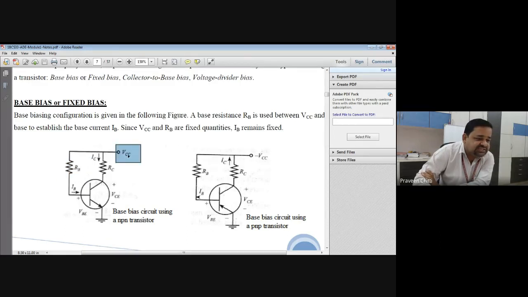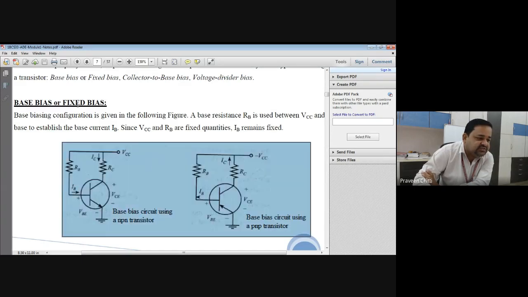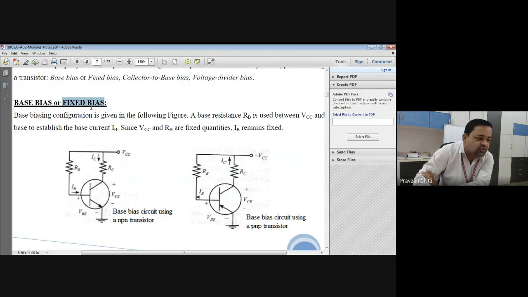Since we select the VCC and RB values depending on what value of IB is required, once you connect a fixed value of VCC and a fixed value of RB, there is a fixed amount of base current flowing in this circuit. That's why this circuit is also called a fixed bias circuit.